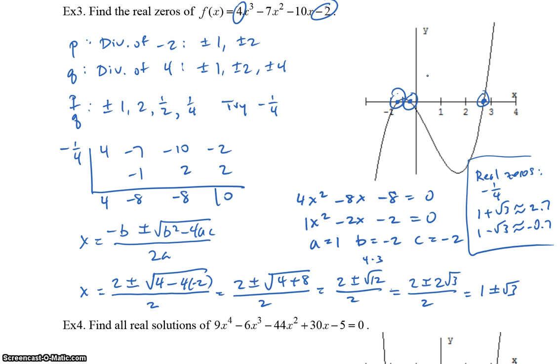So if you see x-intercepts that don't correspond to any of the numbers in your list of possible rational zeros, what that indicates is that those would correspond to irrational zeros that might be expressible in terms of square roots. And sometimes we can find such zeros by using the quadratic formula as illustrated in this example.